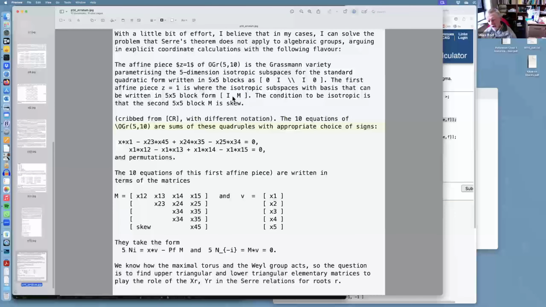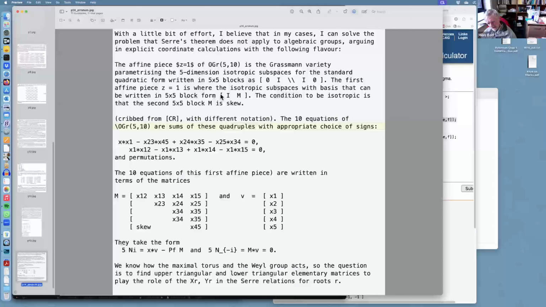I M. I is the identity matrix. So I'm saying where z equals 1, when I write 5 vectors that form a basis of z equals 1, the first 5 coordinates will already give a basis, right?